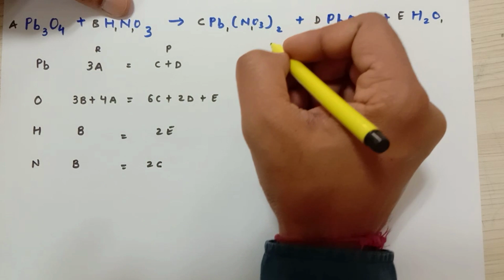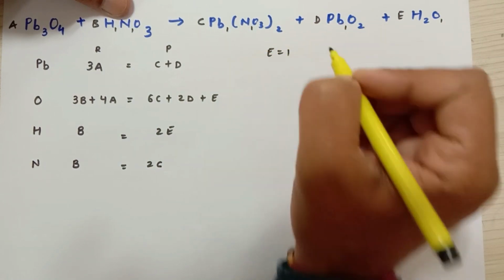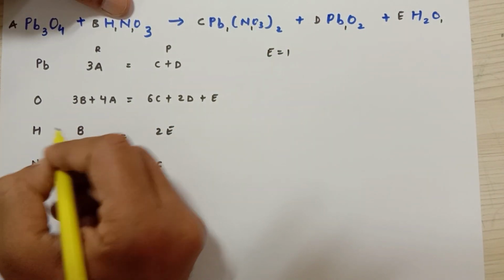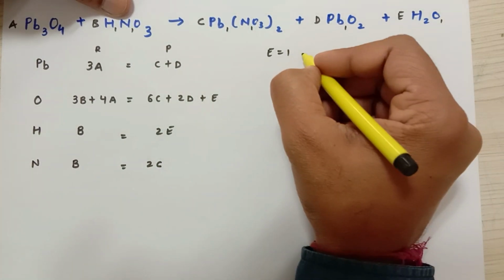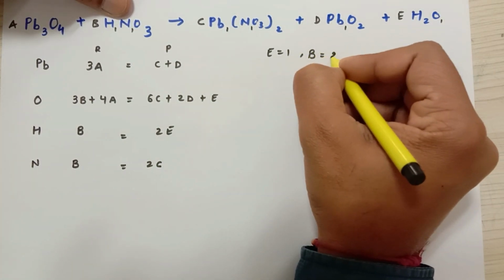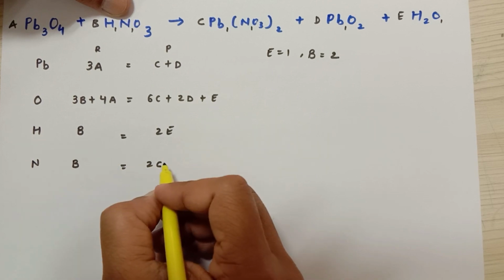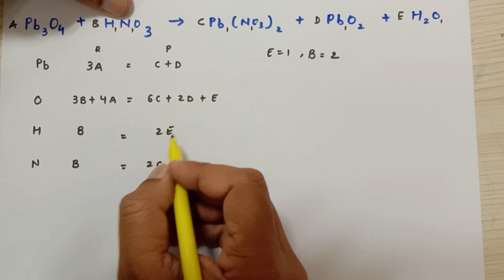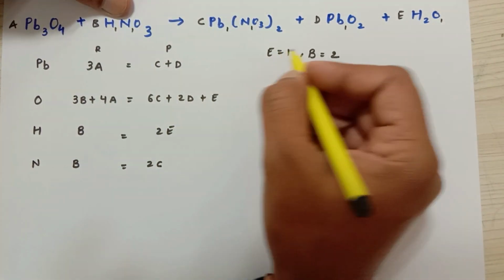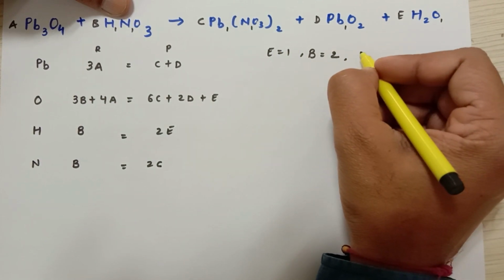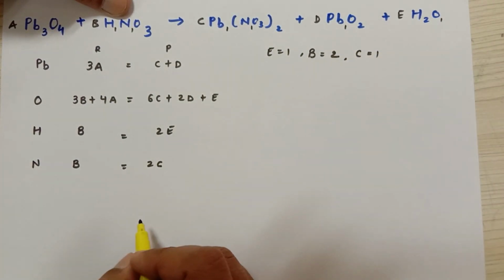So I'm going to put E as 1, or you can even select B as 2, that's totally fine. So I get the value of B to be 2. Now here 2E is equal to 2C, so E is equal to C, so E is 1, so C is also 1.